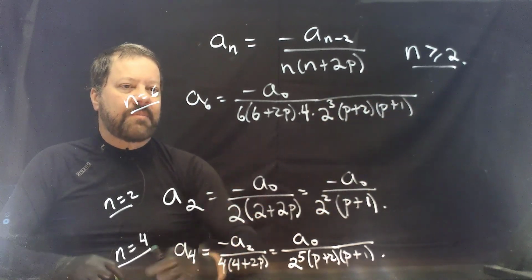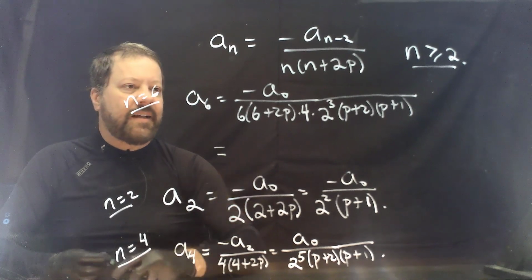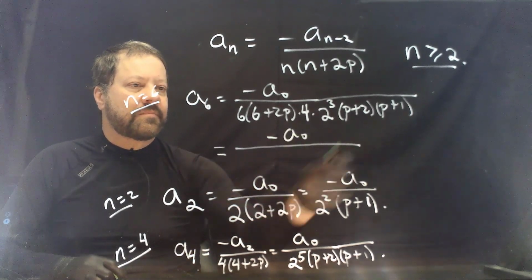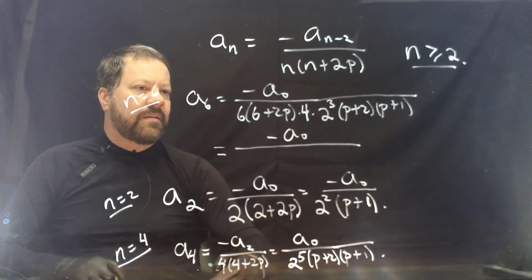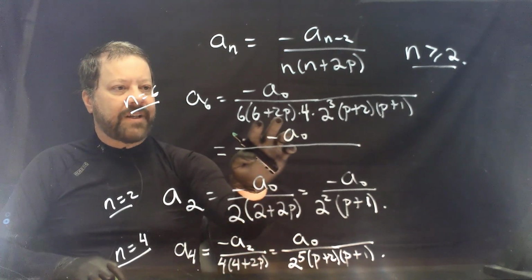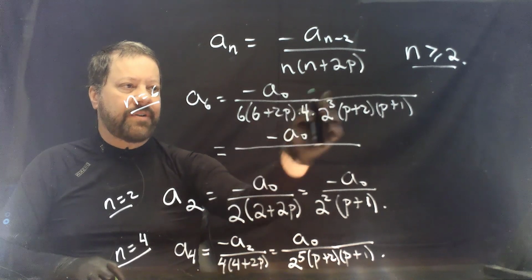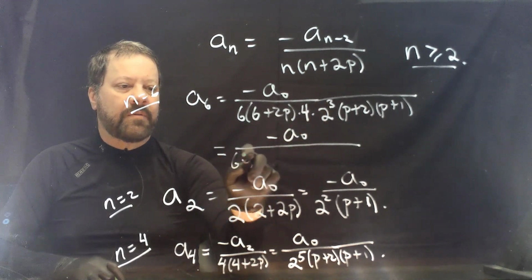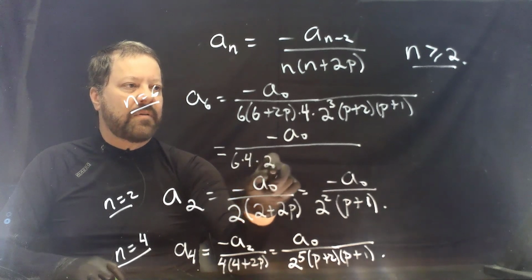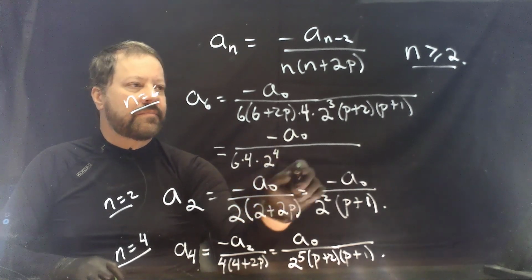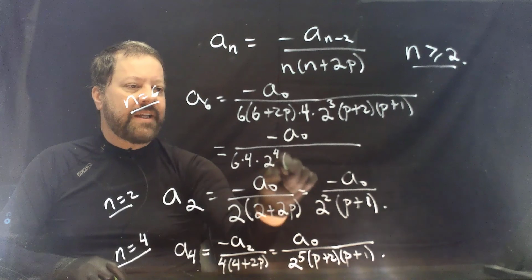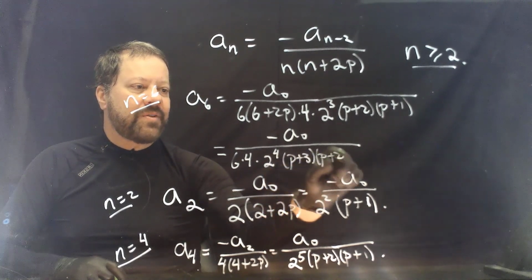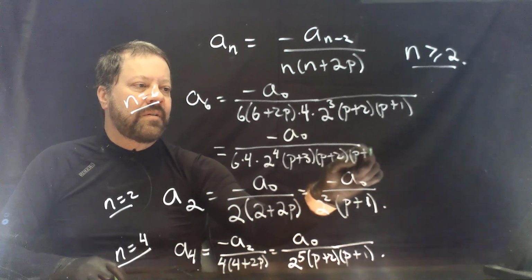And let's simplify that as much as possible. We can write this by factoring another 2 out here. We'll have 2 to the 4. We'll have 6 times 4. We'll have p plus 3, p plus 2, p plus 1.